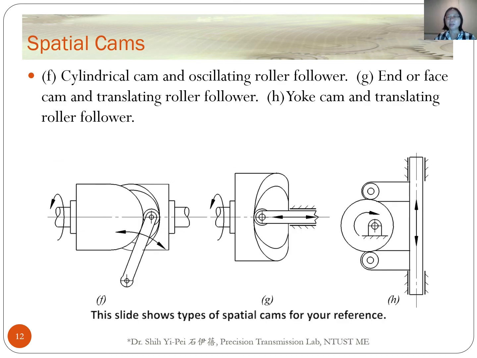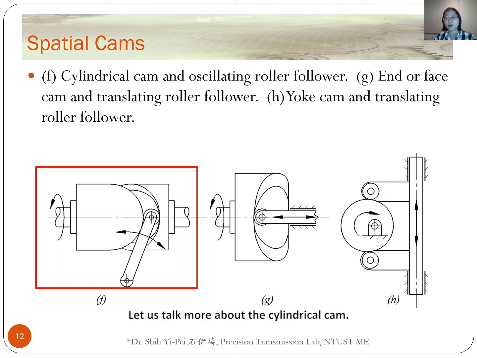This slide shows types of special cams for your reference: cylindrical cam and oscillating roller follower, end or face cam and translating roller follower, yoke cam and translating roller follower, and so on.